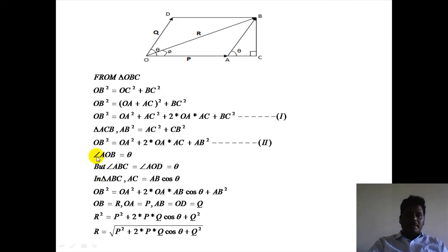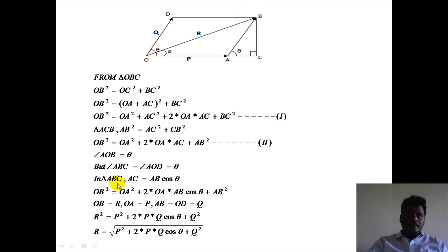From triangle AOD, angle AOD is equals to theta. And angle ABC is equals to theta, because both are the same angle.